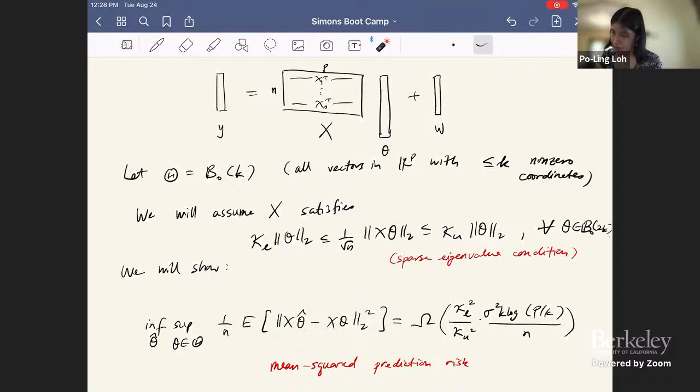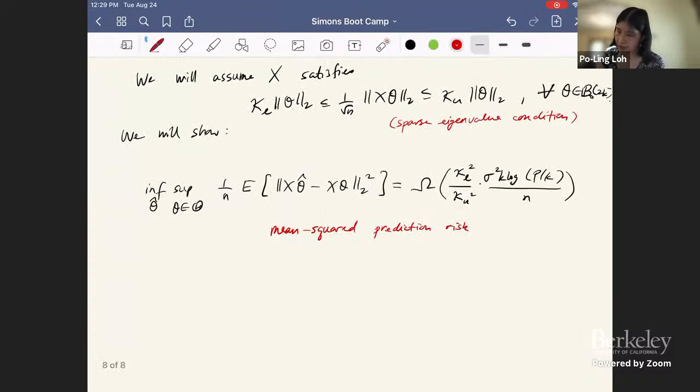The reason why I'm going to write it in this way is that, as I alluded to, I will be returning to this example in the very end, in the last lecture, where I'm interested in computational constraints. And there it will be very important. There I'm going to start to relax this lower bound condition, in particular on the conditioning of X. And one can only do that when we're looking at prediction error rather than theta hat minus theta alone.